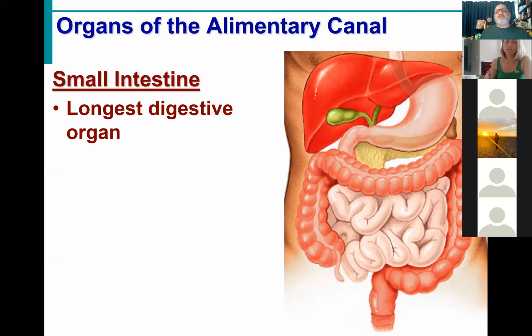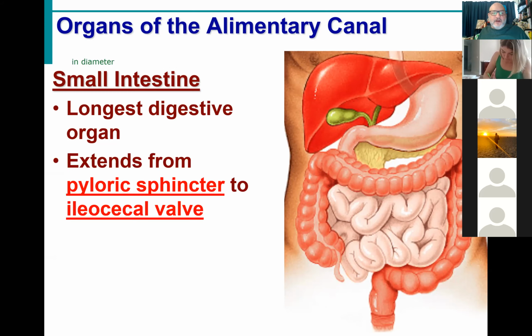Exactly. The reason it is the small intestine is because it is small in diameter, not in length. It is by far the longest of all of our digestive organs. And anything 20 feet long can easily be divided into probably 200 different regions. And is that what we have in our small intestine? 200 different regions? Nope, just 3, absolutely, right?